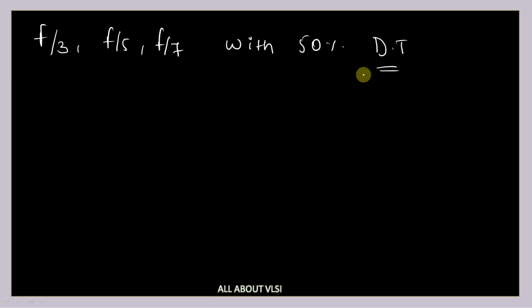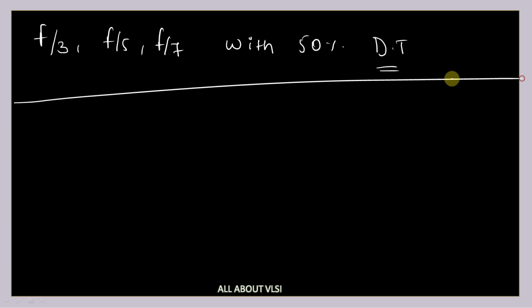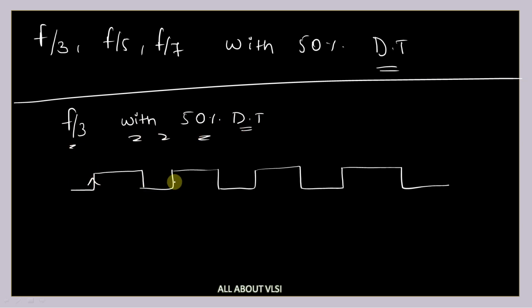Now, let us say I want to achieve frequency division by 3 with 50 percentage duty cycle. I will take one reference clock. This is my clock. If I want frequency division by 3 with 50 percentage duty cycle, then my on time period should be 1.5 and off time period should be 1.5.